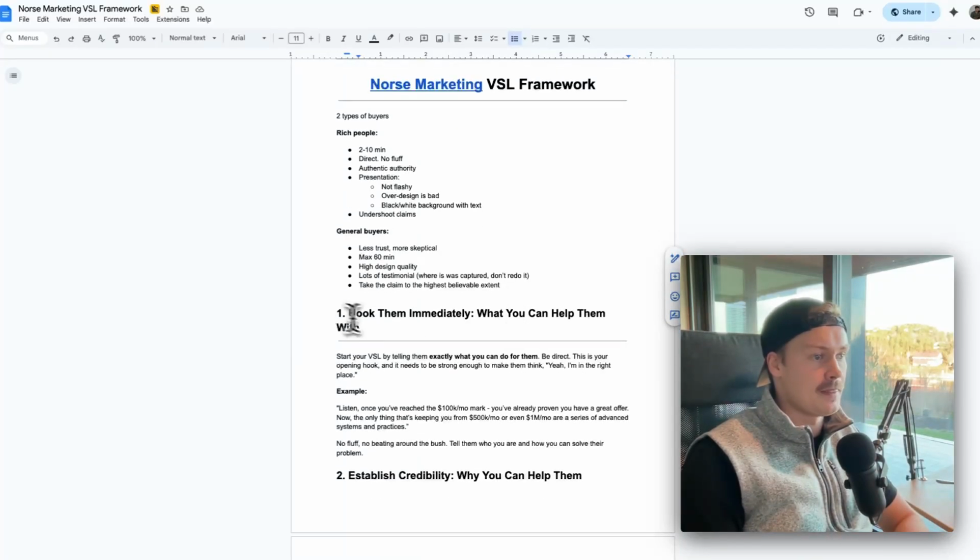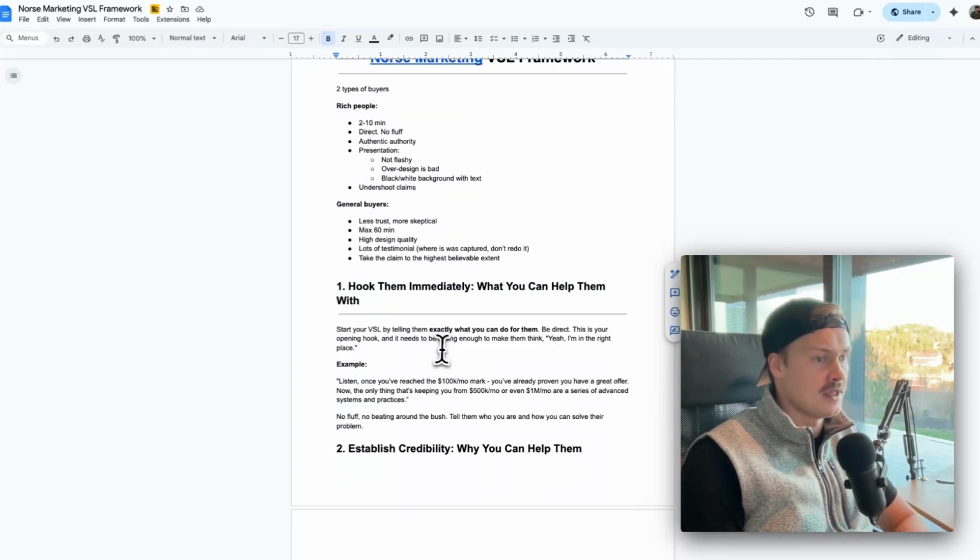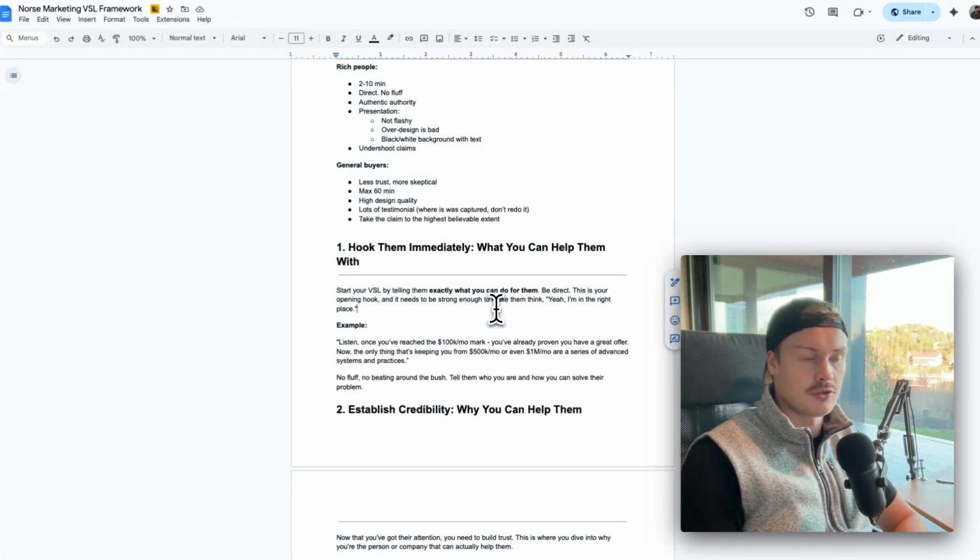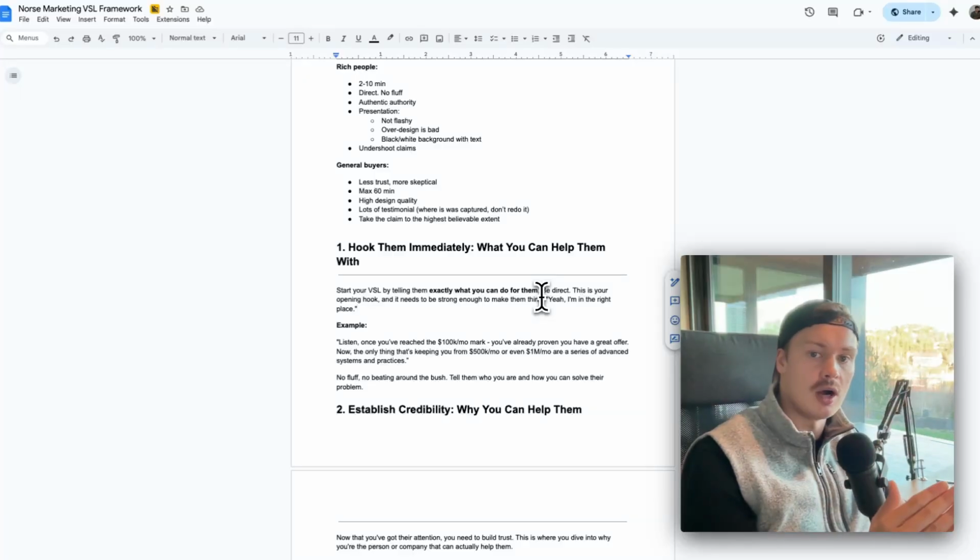Then obviously it starts with the hook, and you need to tell them exactly what you can do for them. You need to be direct, and it needs to be strong enough to make them think, I'm in the right place. So in VSLs, you usually see a huge drop off in the first 10-15 seconds because of the super short attention span of the general population.